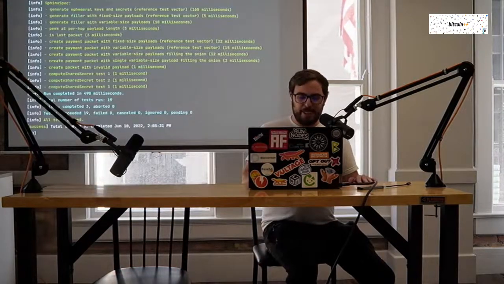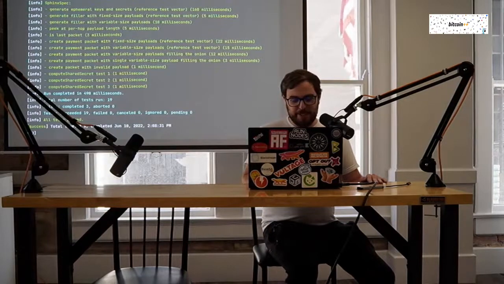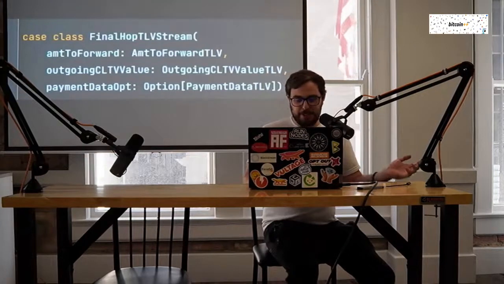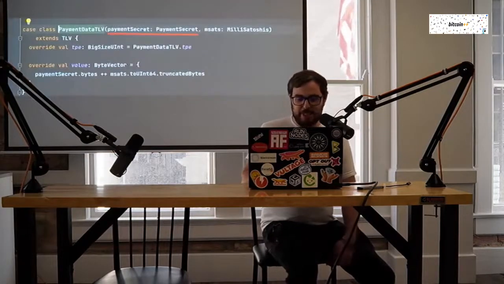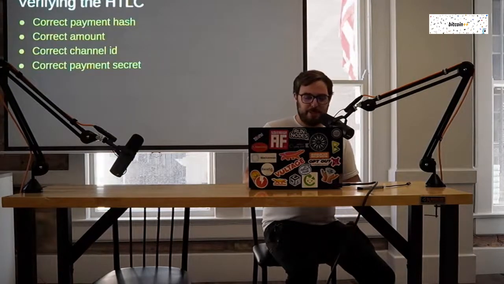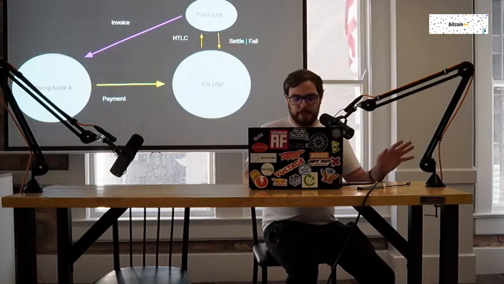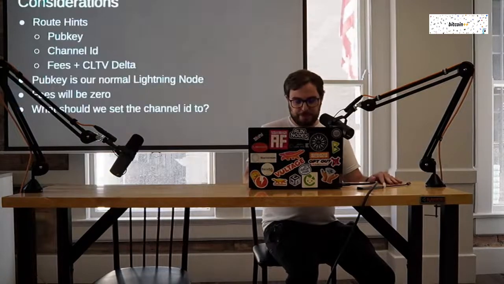But eventually I got tests passing, and we could decrypt that onion payload, which then gave us TLV streams. And in one of these, we had a payment secret. So we could verify all of these conditions and actually settle or fail that HTLC. So that was the brunt of the project.